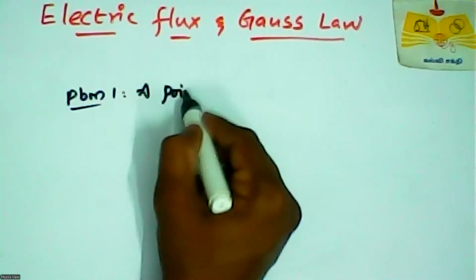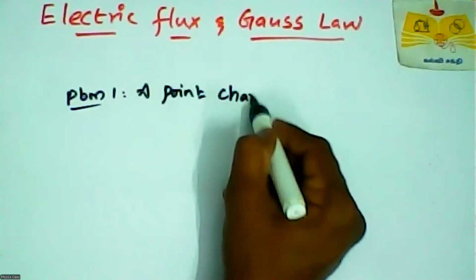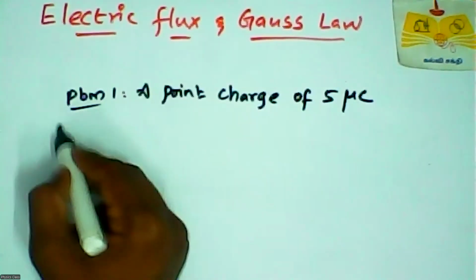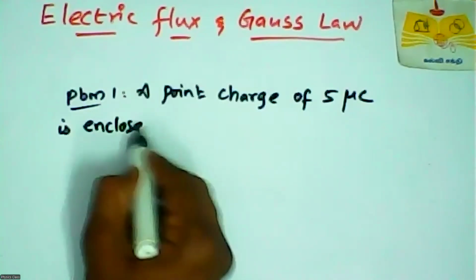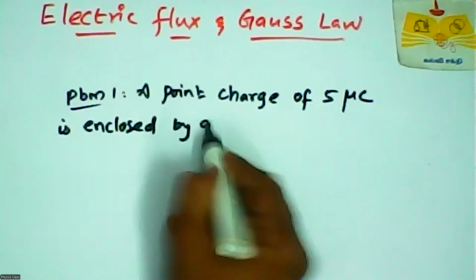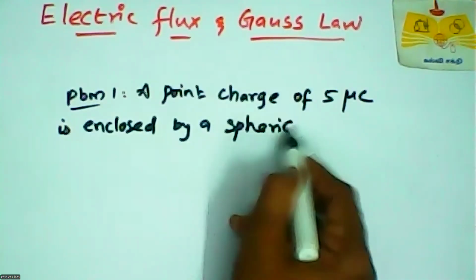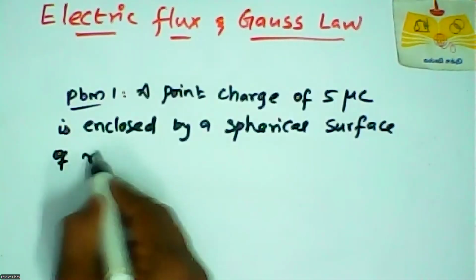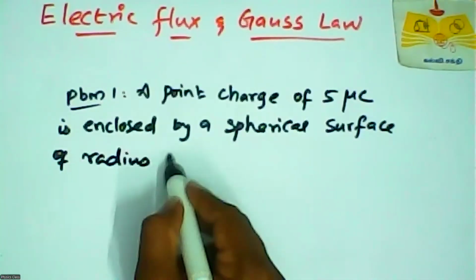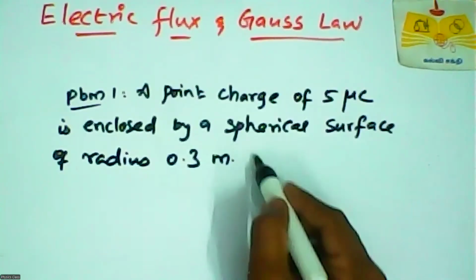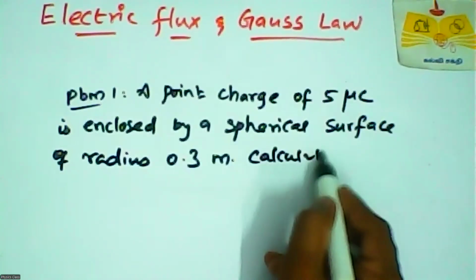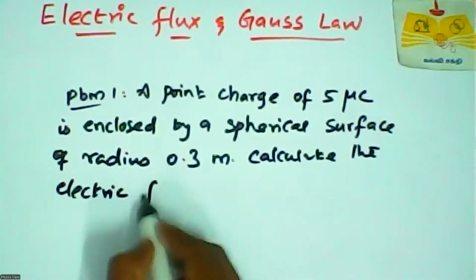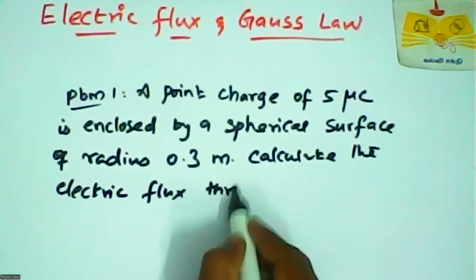A point charge of 5 microcoulomb is enclosed by a spherical surface of radius 0.3 meter. Calculate the electric flux through the surface.